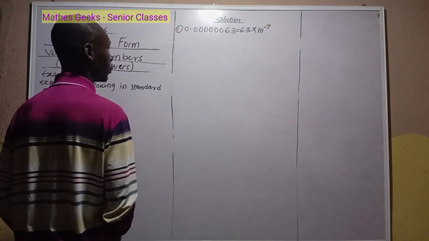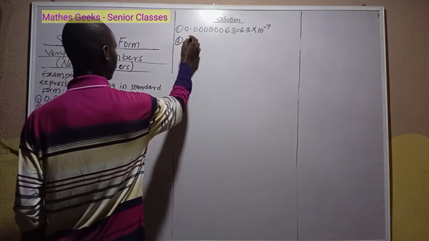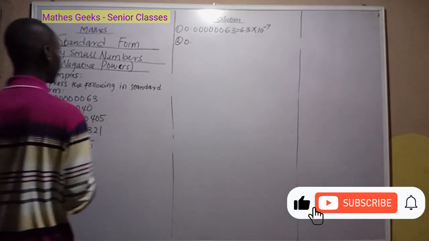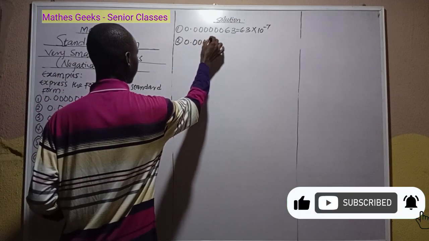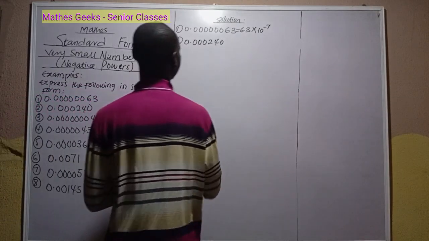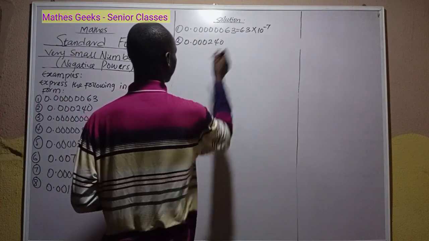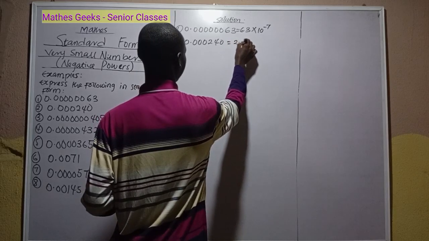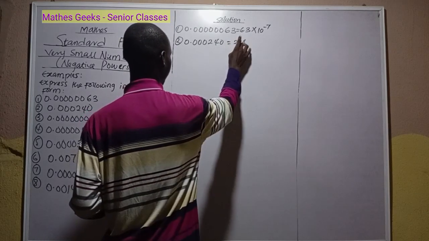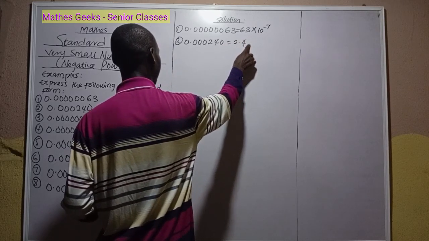So 10 raised to minus 7. Next, 0.00240. Okay, so when we move our decimal point and place it here, this is equal to 2.4. We can ignore the 0 because in this case our decimal point is here, and 0 is the last digit after the decimal point, so it's not significant.